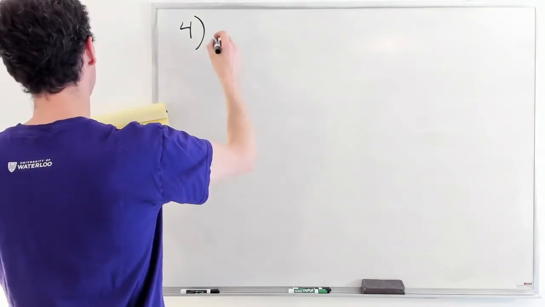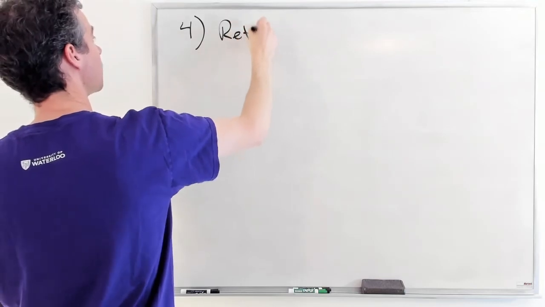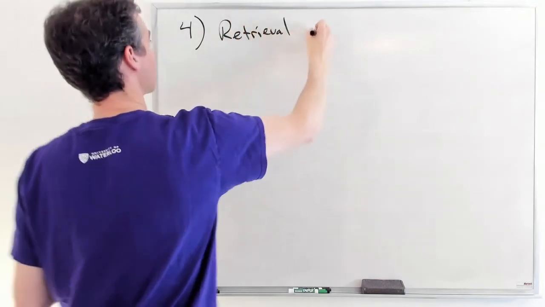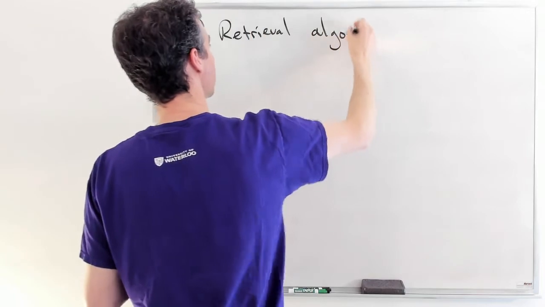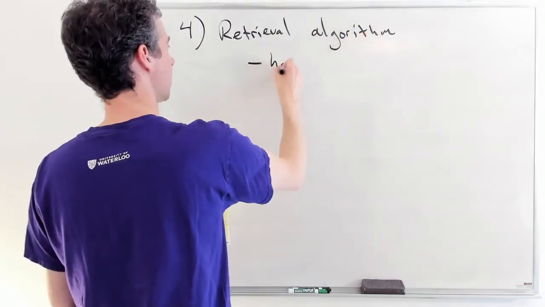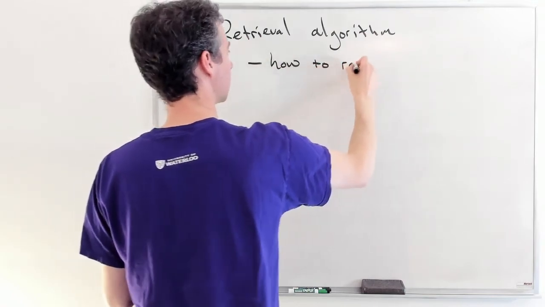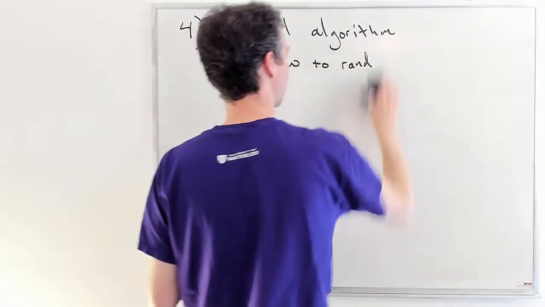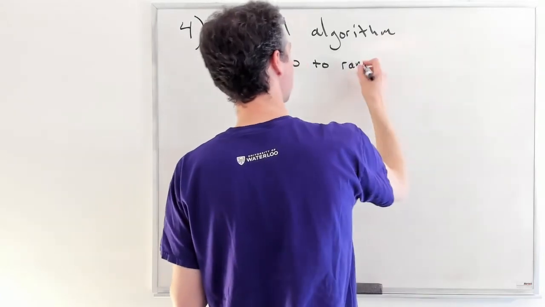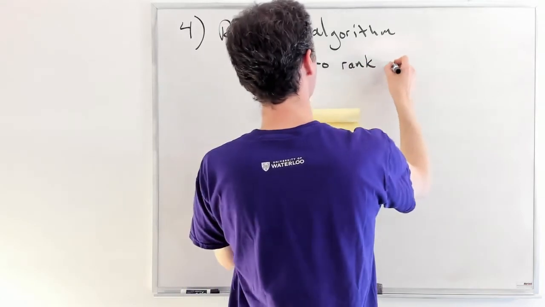All right. Next, we move on to the retrieval algorithm. Basically, we need a mechanism to help us rank. So we're going to put documents in an order, a first document, a second document, and so forth.